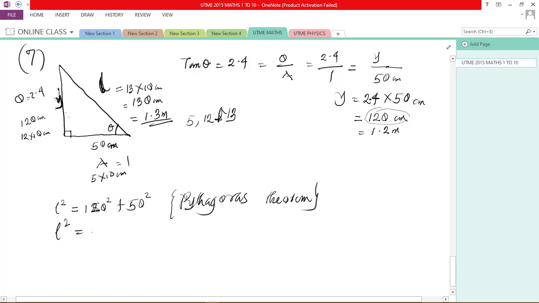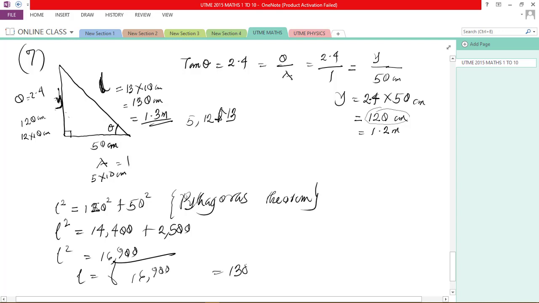So this will give you 14,400. This will give you 2,500. And this will give you L squared equals 16,900. L here equals the square root of 16,900, and that will give you 130 centimeter, and the answer is 1.3 meters.